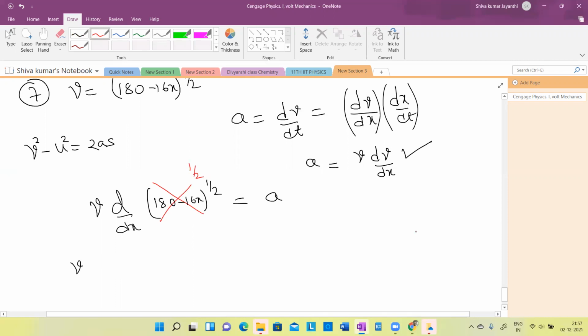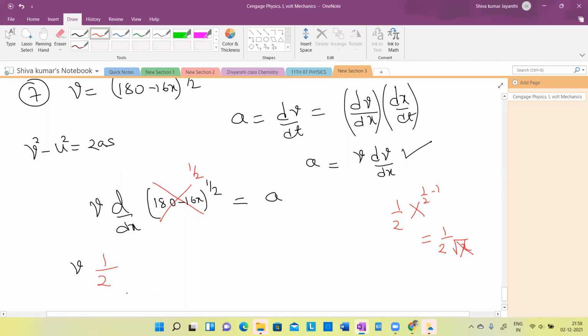So what will happen? The derivative of x power half is 1/2 x power half minus 1, what will come? 1/2 root x. Is it or not? But which x? Not this small x, it's capital X. That capital X we have to substitute. Understood?